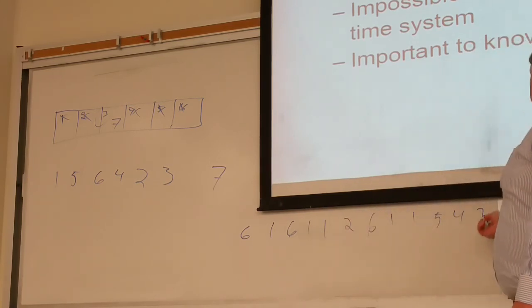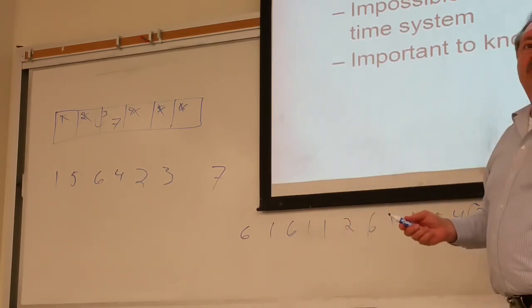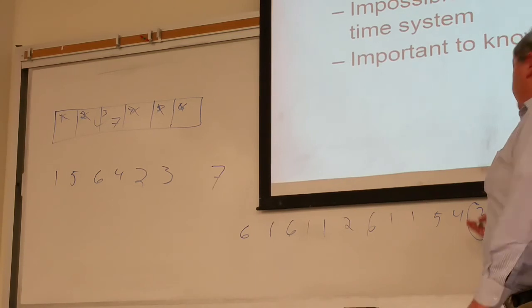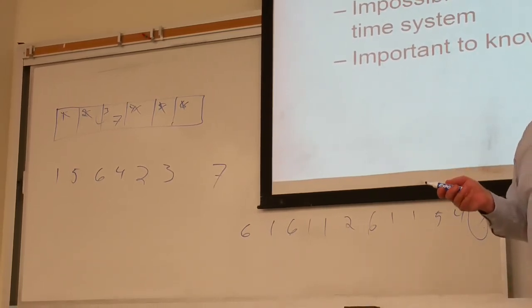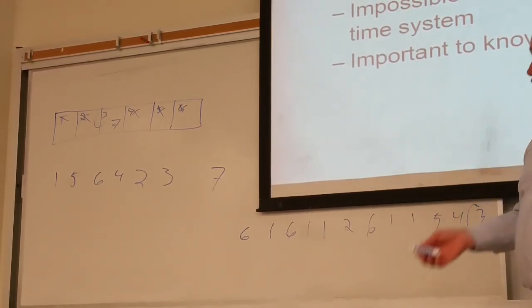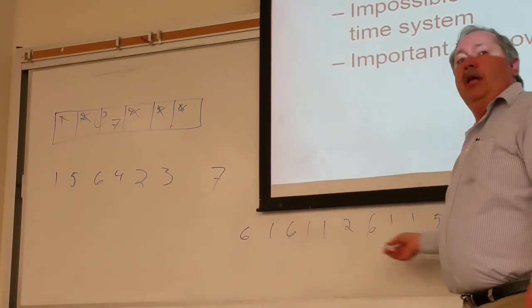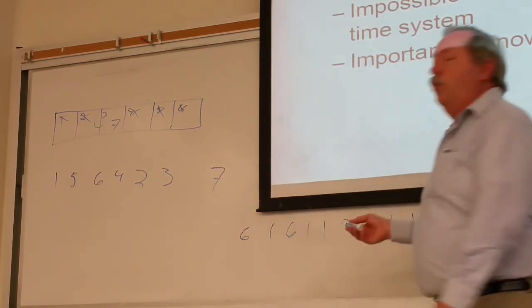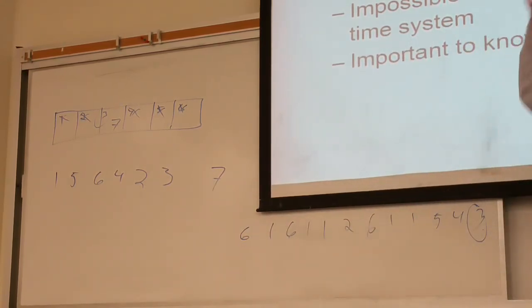At that point, the previous 5 would be the one furthest in the future that I would select. So I would have something more like this than accessing each one at a time.